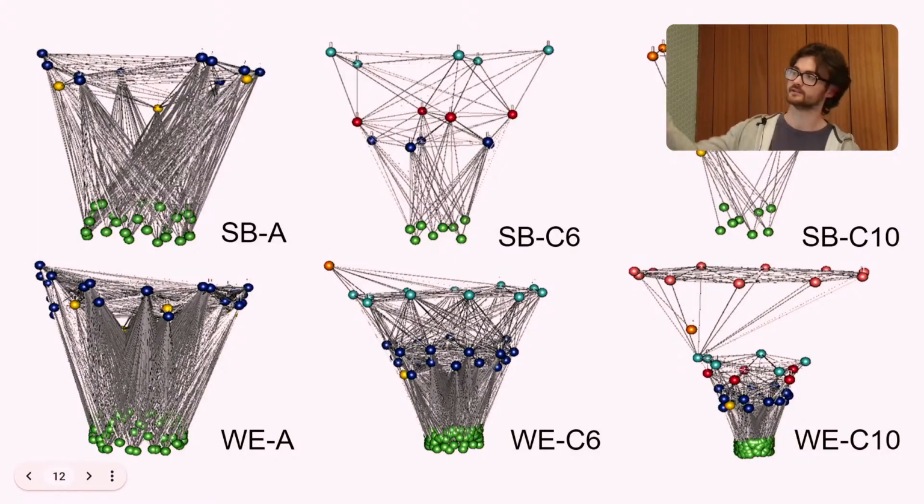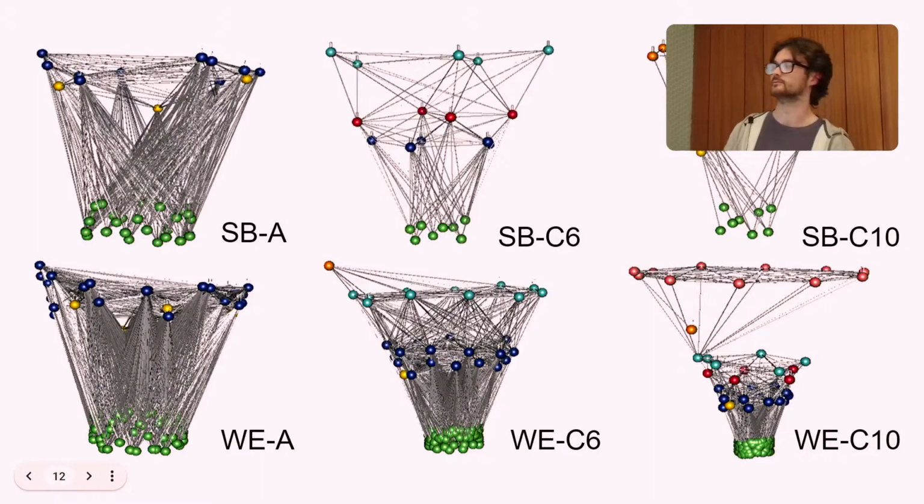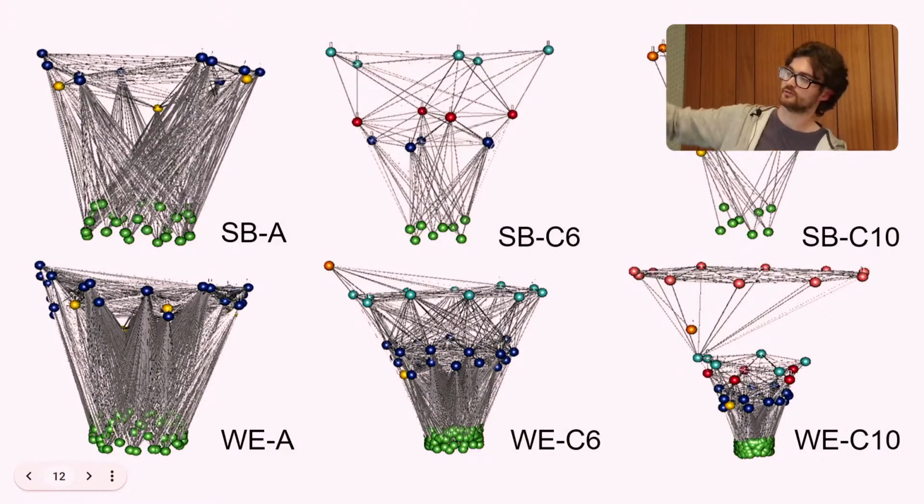Okay, and these are the webs. There's a bit more going on than in that example I showed you earlier, but they are essentially the same. You've got primary producers at the bottom, then primary consumers, secondary consumers, and in some cases tertiary consumers. The Strawberry Bank webs are all at the top, and the Western Europe webs are all at the bottom, and the size rules become more restrictive as you go from left to right.